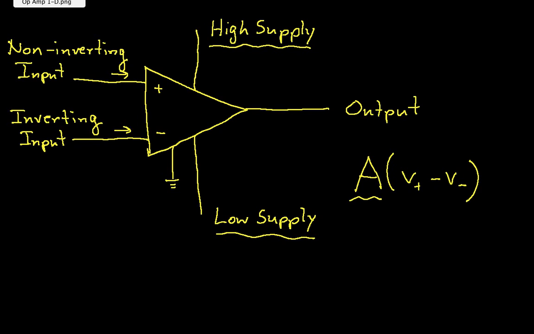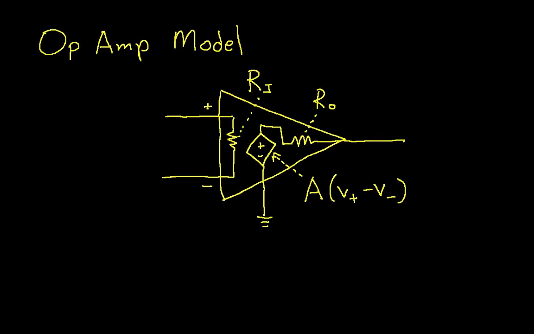A more detailed model of an op-amp is the following. The plus sign, this guy here, is the non-inverting input. This is the inverting input. They're connected together by a resistor, and the resistor is called the input resistance. Again, typically this input resistance is pretty big.